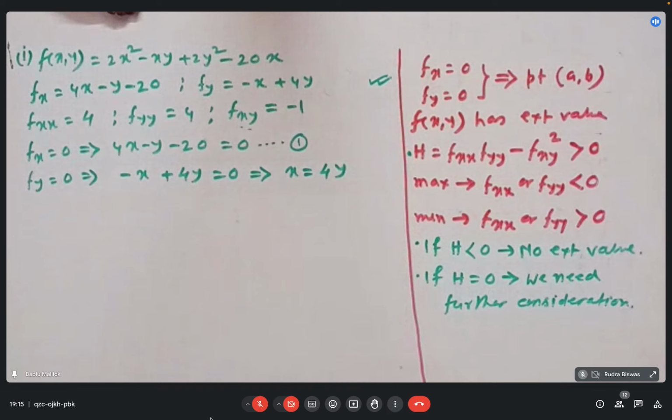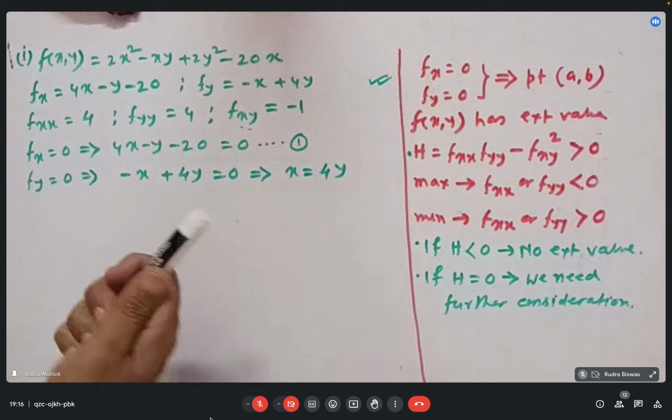Putting x in 1, we find values of x and y.